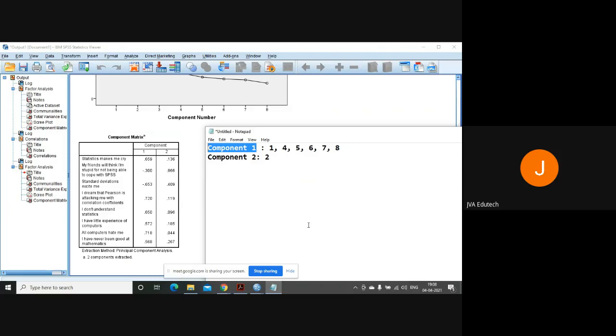Out of our 8 items, items 1, 4, 5, 6, 7, and 8 are measuring component 1, that is fear towards statistics. And let me name the other as fear towards SPSS.